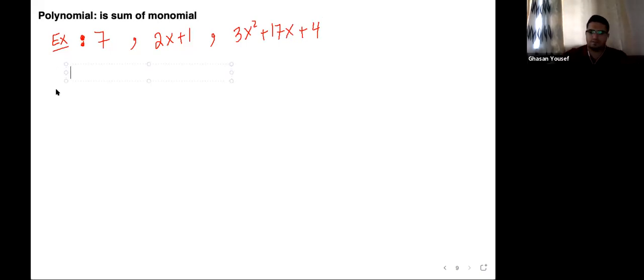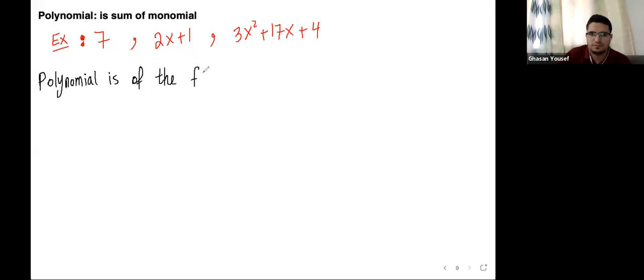So the definition of polynomial, the official one: a polynomial is of the form a_n x^n plus a_(n-1) x^(n-1) plus dot dot dot plus a_1 x plus a_0.